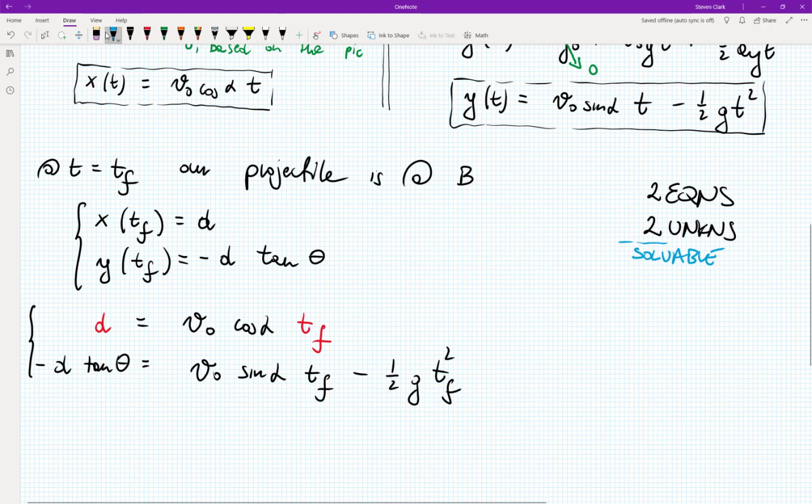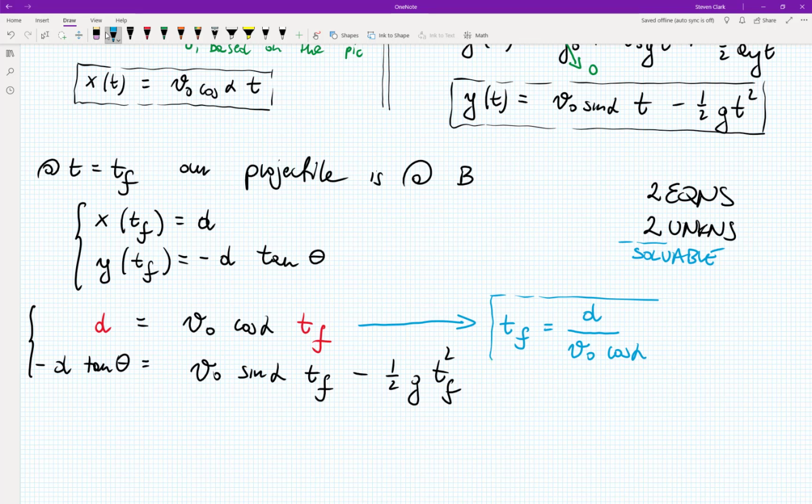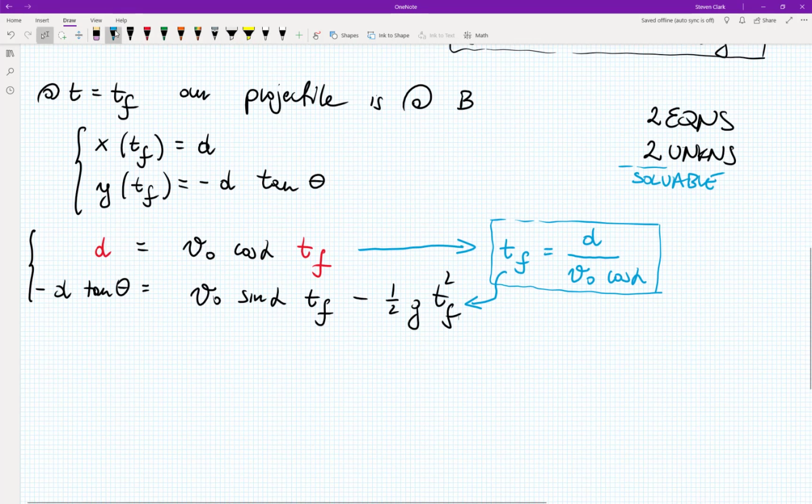Okay, so let's find TF, exactly what Sean said. TF can be expressed as d divided by v0 cosine alpha. And now let's plug this expression into this equation. And we will end up with the following.